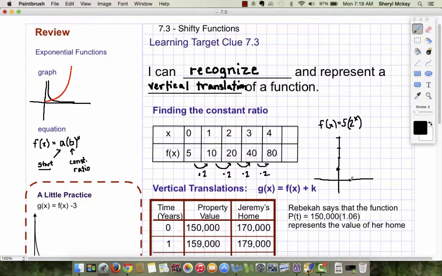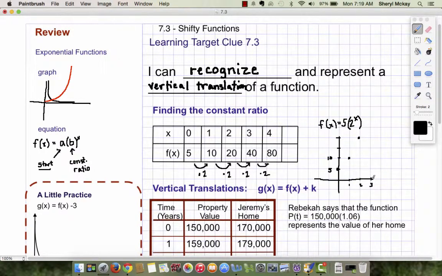I'm going to let these be 1s just because I want to be able to see my graph. So this is 5, this is 10, all right? And when x is 1, y is 10, or f of x is 10. When x is 2, y is 20.